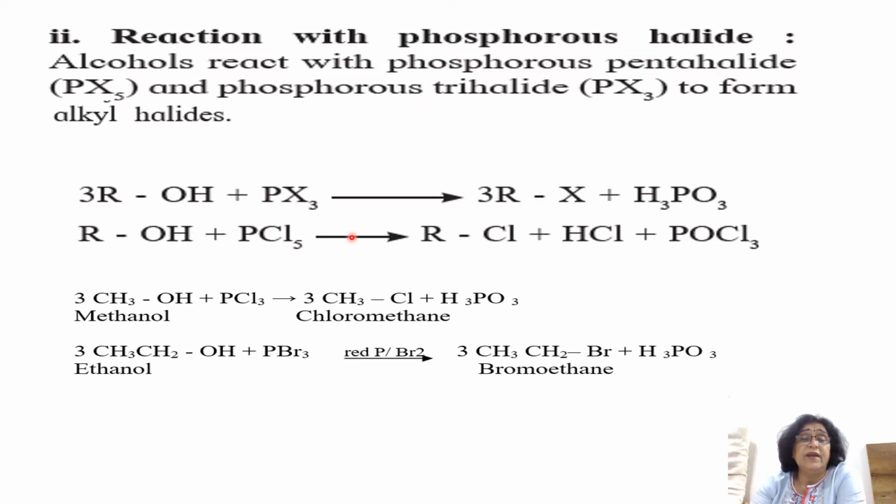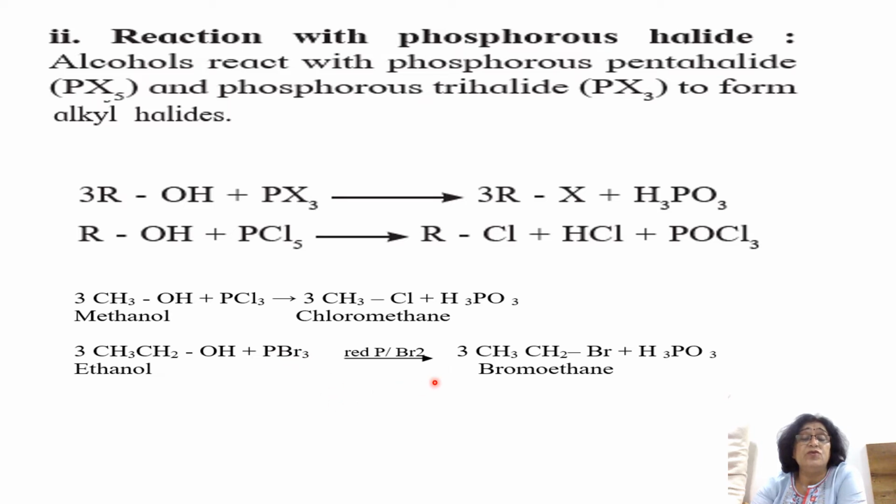So alcohols react with phosphorus trihalide and pentahalide. So alcohol reacts with phosphorus trihalide to form alkyl halide and phosphorous acid. Okay, so if I take methanol and react it with PCl3, it forms methyl chloride plus phosphorous acid. If ethyl alcohol is taken and reacted with PBr3, how is PBr3 prepared?